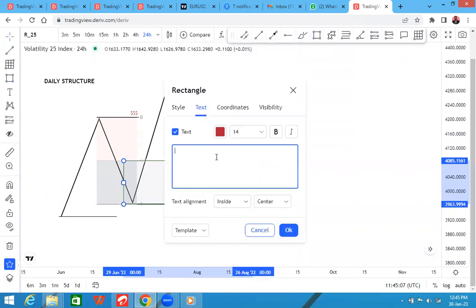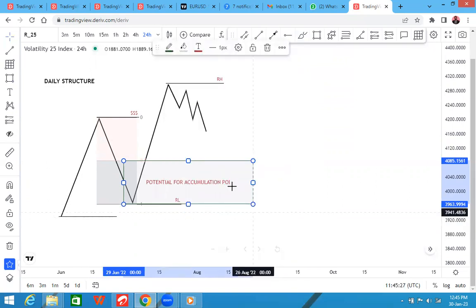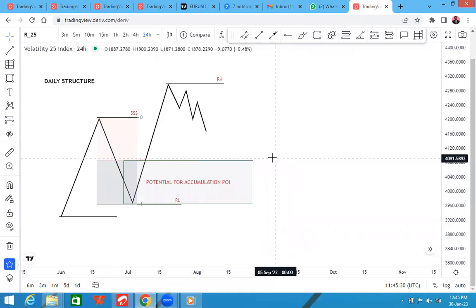This becomes my point of interest or potential area for accumulation. I want to start looking for buys on lower time frame around this place, or I write it POI, point of interest. So whichever one you want to use.